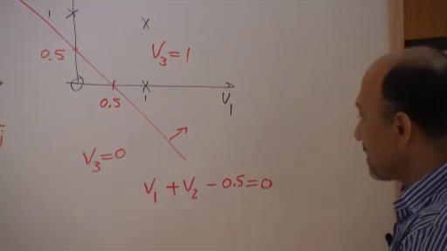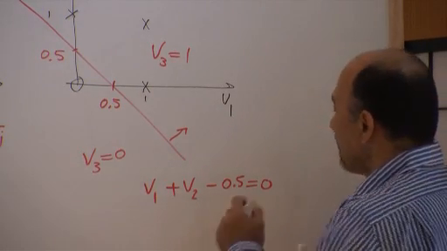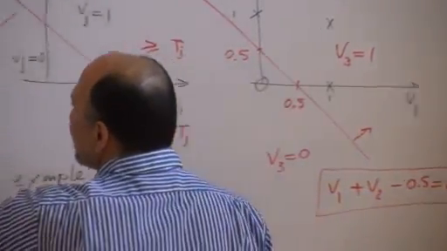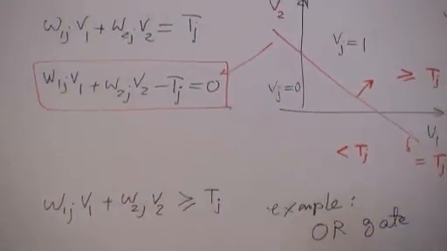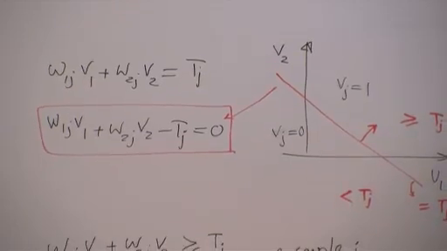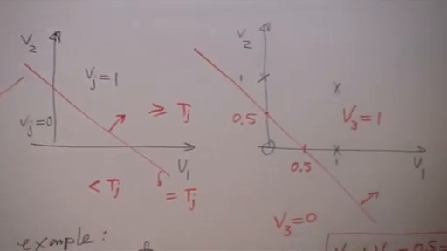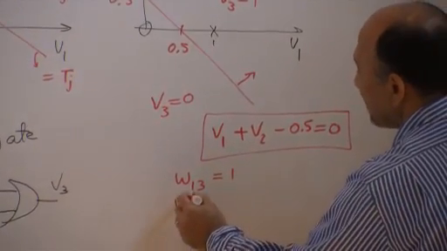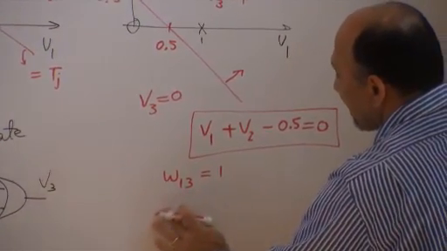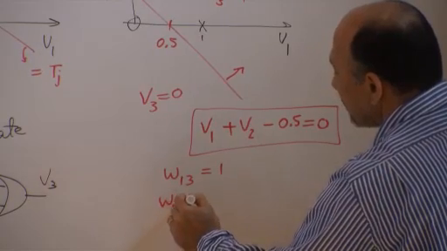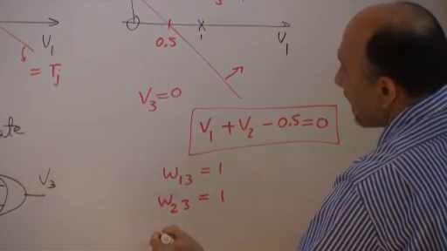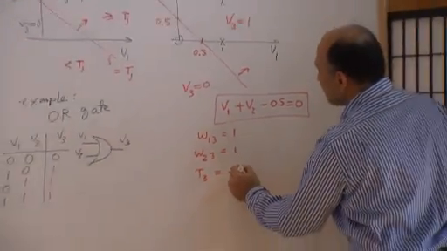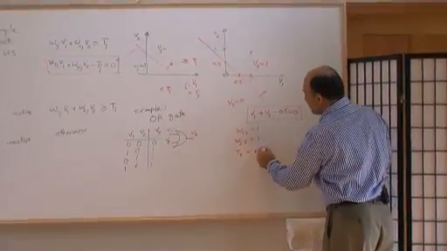For that equation, if you compare it with the original equation, you can see what the values of the weights and the thresholds are. So in this case, we have W13 equal to 1, W23 equal to 1, and T3, the threshold, equal to plus 0.5.